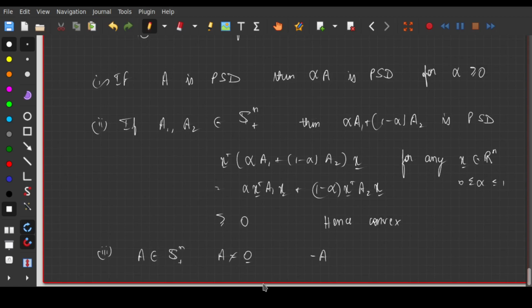So the eigenvalues of A are all greater than or equal to 0, and at least one of the eigenvalues is strictly positive, right? Because otherwise that would result in just the all zeros matrix. So if I look at minus A, then at least one of the eigenvalues is strictly negative. So minus A is not in S plus.